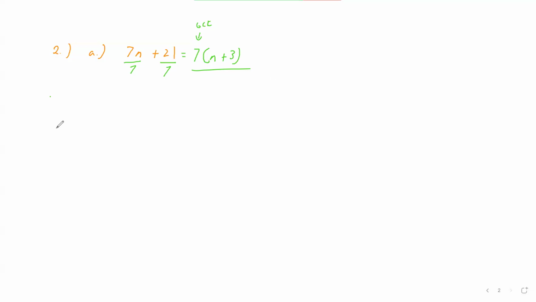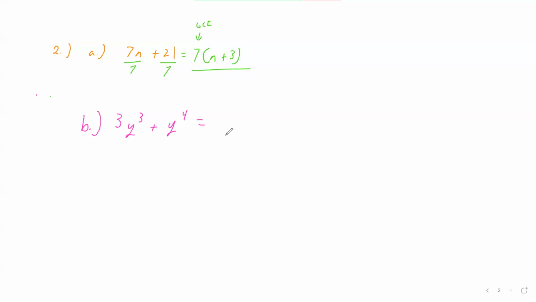Let's try another one. So we have 3y cubed plus y to the 4th. They got any numbers in common?